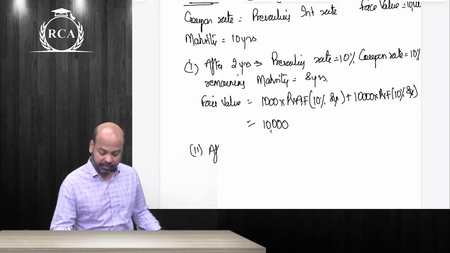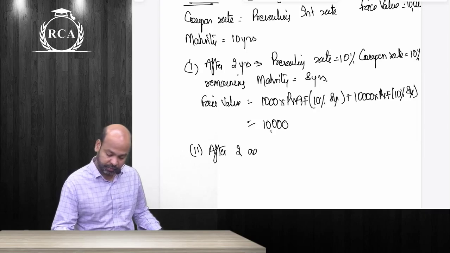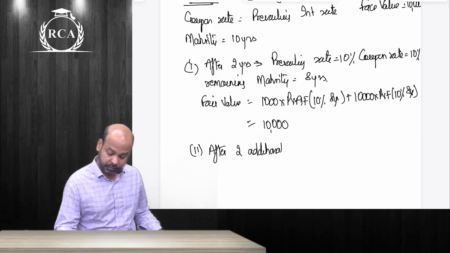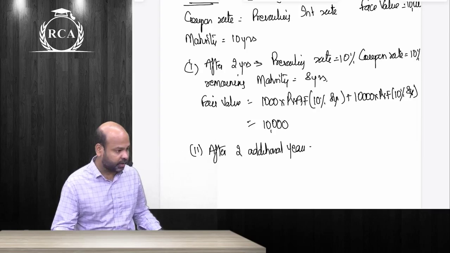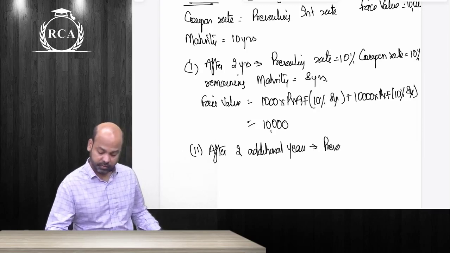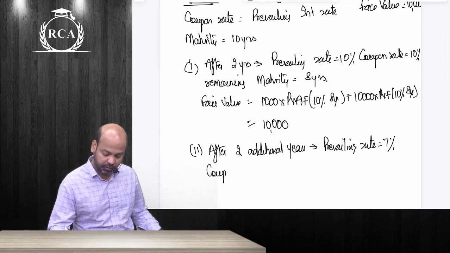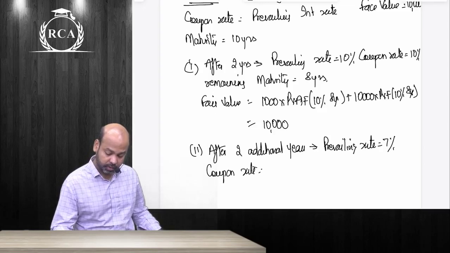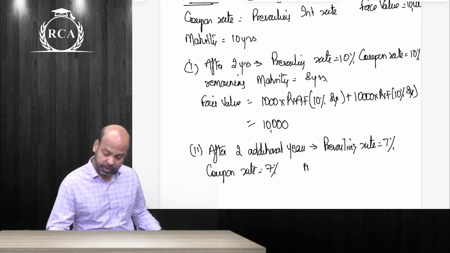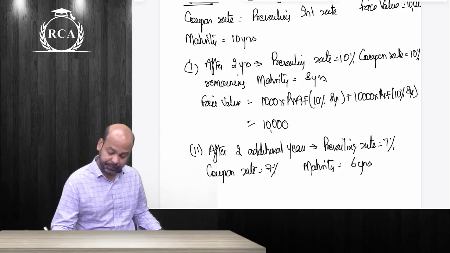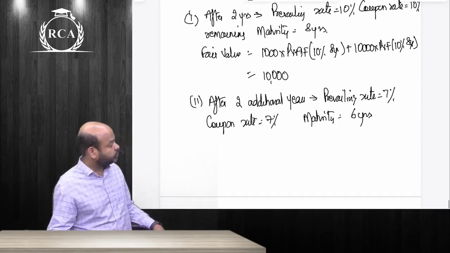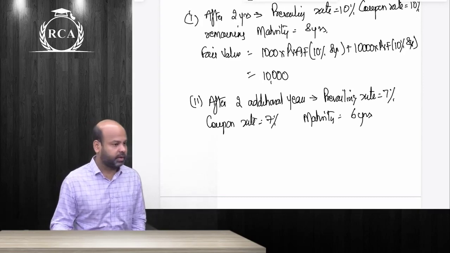Second bit, after 2 additional years, what will you take as the prevailing rate? Prevailing rate is 7%. Coupon rate also will be 7%. Maturity now will only be 6 years.